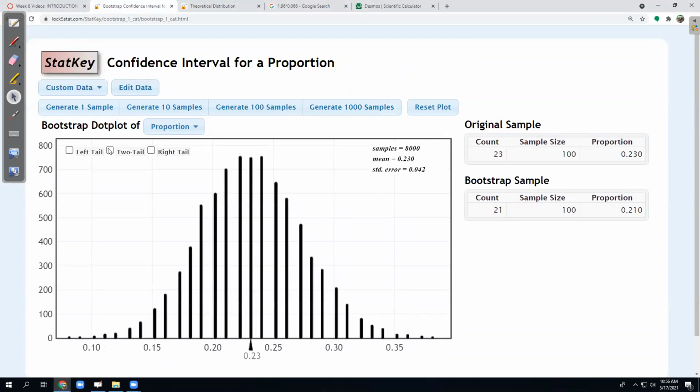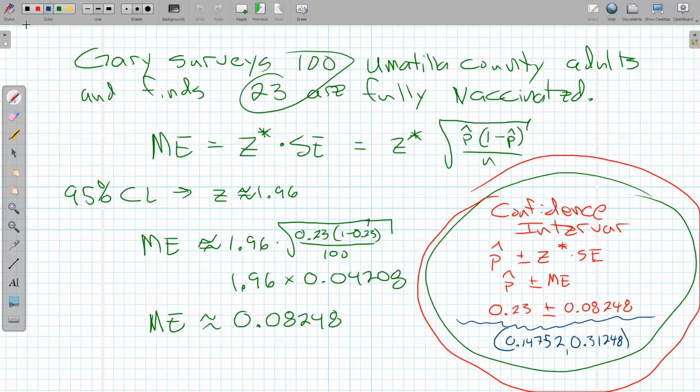And for a 95% confidence interval, StatKey says it's around 15% to 31%. That's pretty close to what we have: 14.75% is close to 15%, and 31.2% is close to 31%. So the simulations will be a little different, but they should be in the ballpark for the standard error, the confidence interval, and the margin of error.